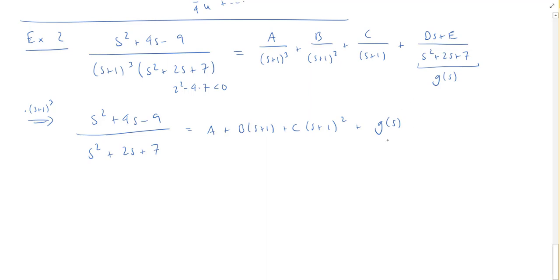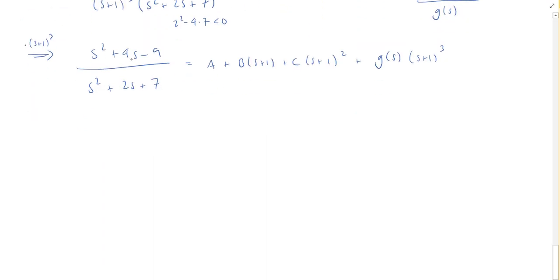Again, this is not a polynomial, and it's multiplied by (s+1)^3, but I don't really care. The point is, I now basically am going to be trying to get some sort of a power series expansion in s plus 1, and I want the first 3 coefficients. Now, I'm going to want to write each of these polynomials in terms of s plus 1. But again, Horner's method is going to let us do that pretty quickly.